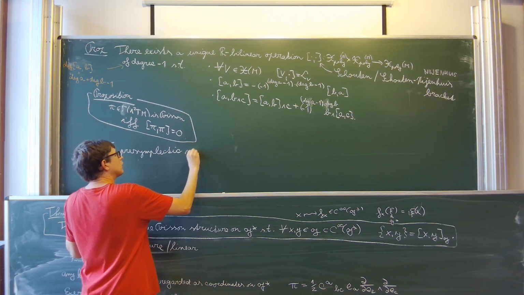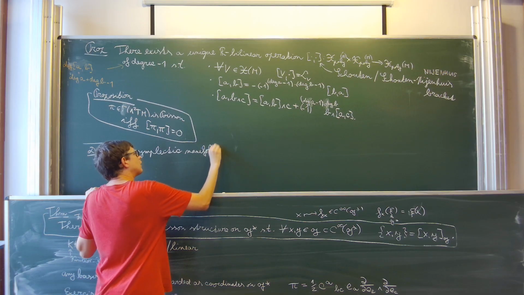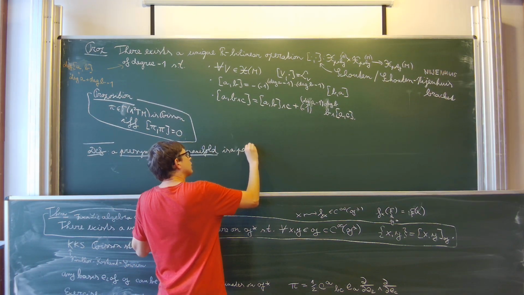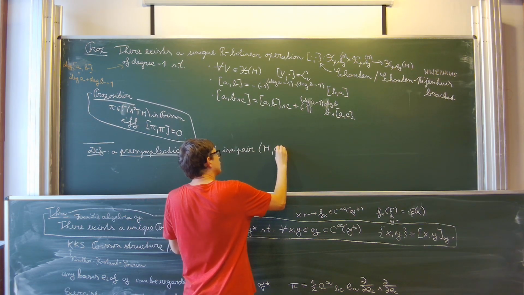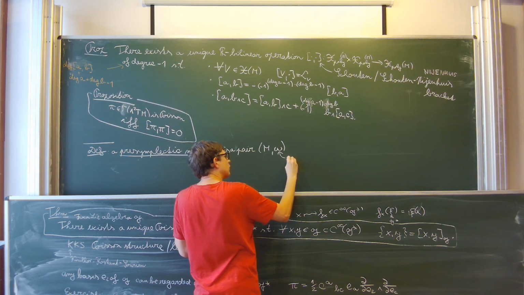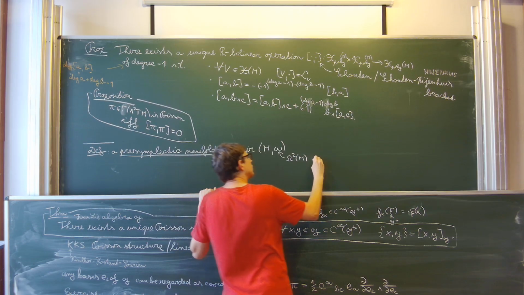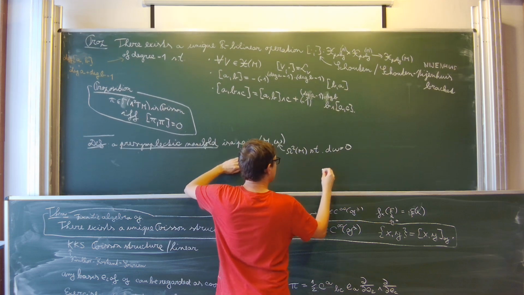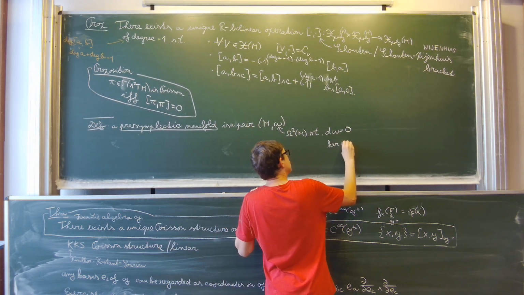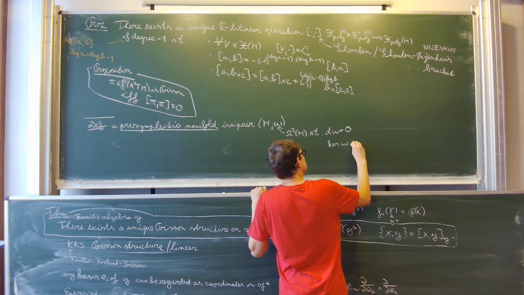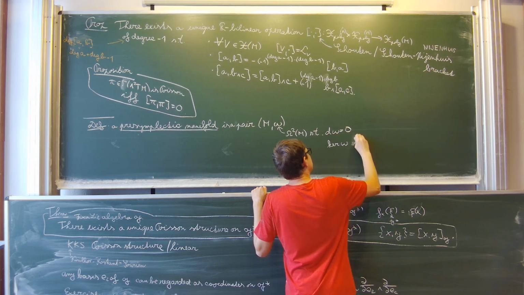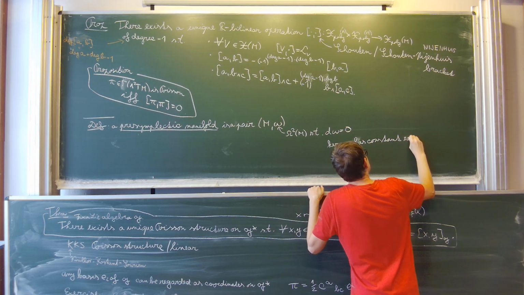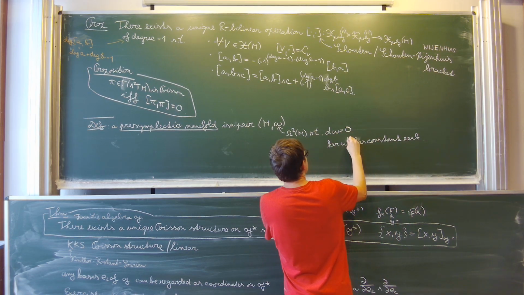A pre-symplectic manifold is a pair where omega is now just a closed two-form. Instead of non-degeneracy you require that the kernel of omega has constant rank, or that the kernel of omega is a subbundle.